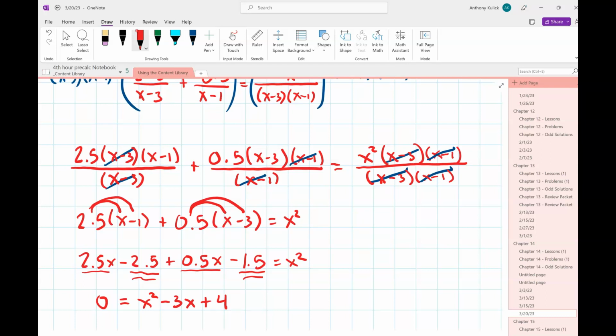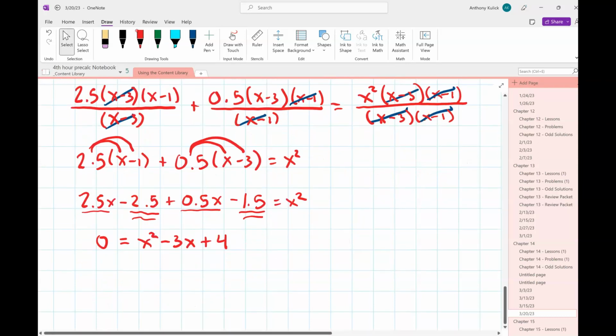Okay. How do you want to solve x squared minus 3x plus 4 is equal to 0? What multiplies to give me positive 4 and adds to give me negative 3? Nothing, right? What happens if we can't factor it?